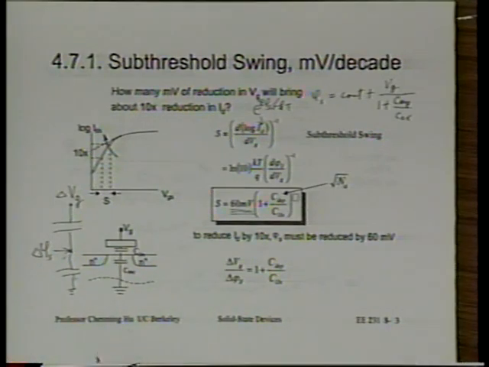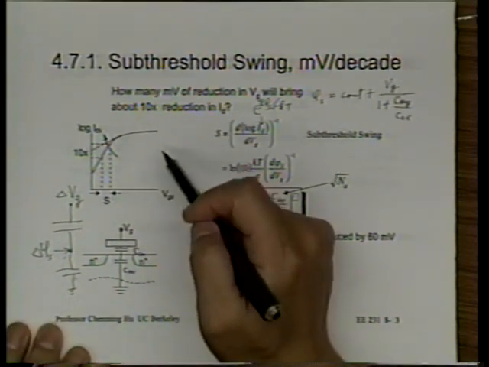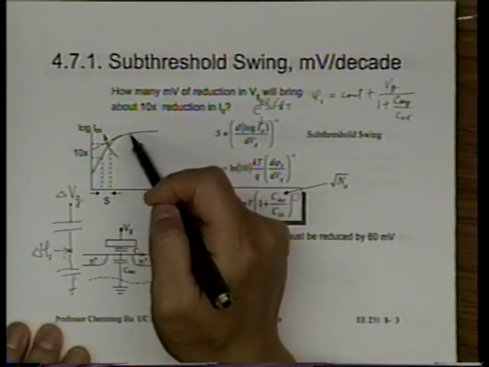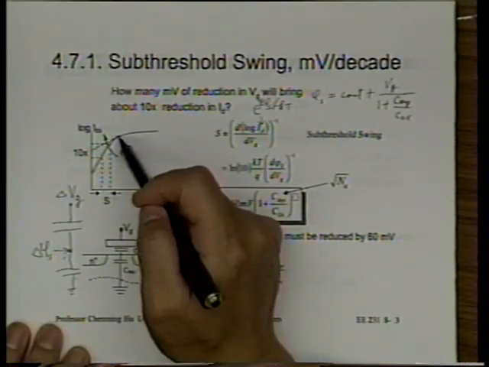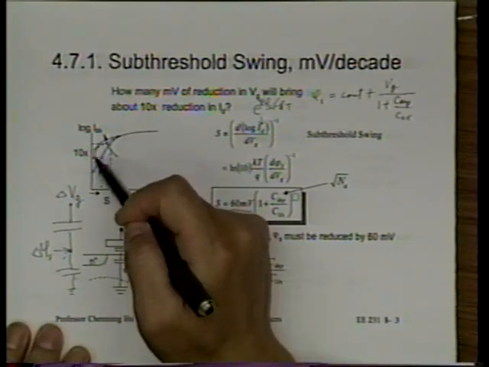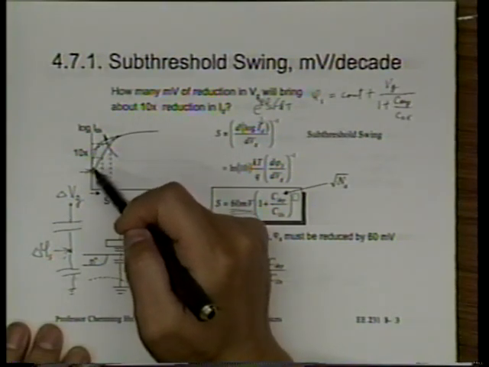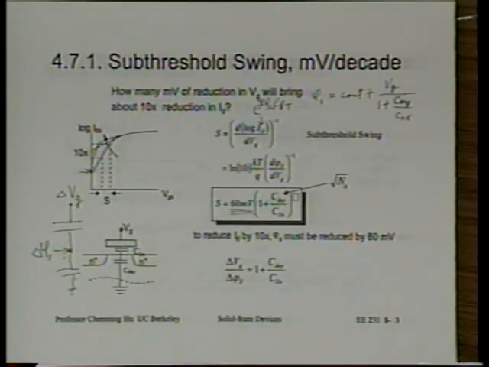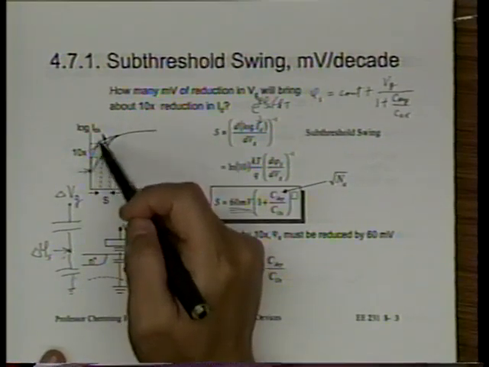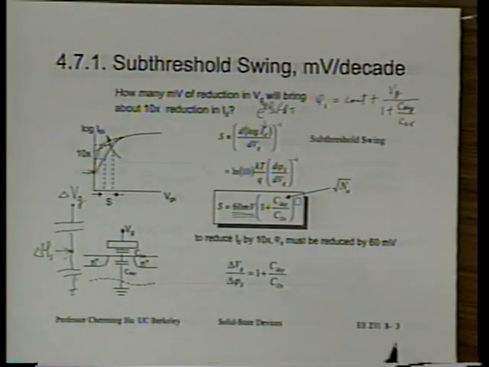What this means is that it will take at least a 60 millivolt reduction in VGS in order to reduce IDS by 1 decade. And we want the swing to be as small as possible. The reason is a small swing will allow us to design a transistor with very low VT and also very small leakage at VGS equal to 0. Do you see that? If the slope can be small, I'm sorry, the swing, sorry. Swing is not slope.